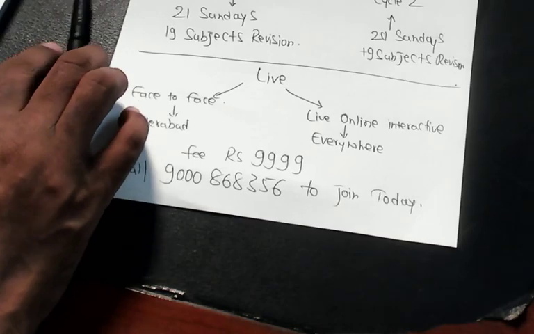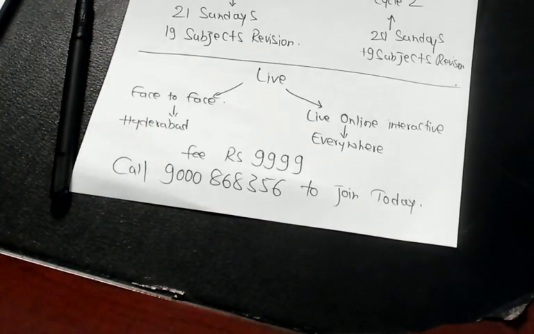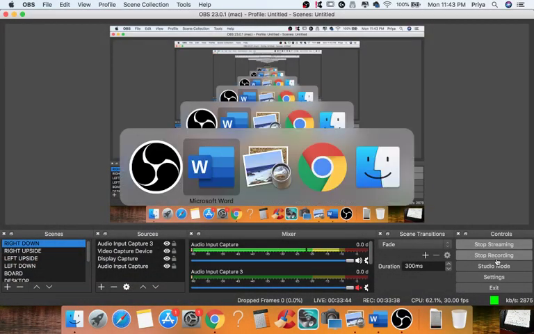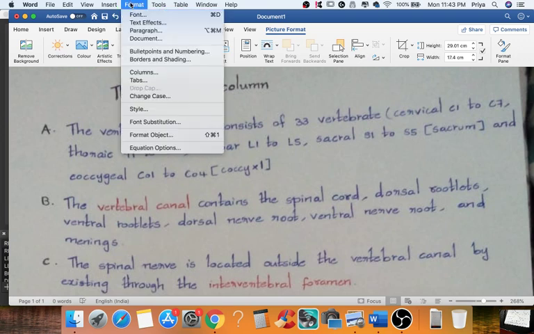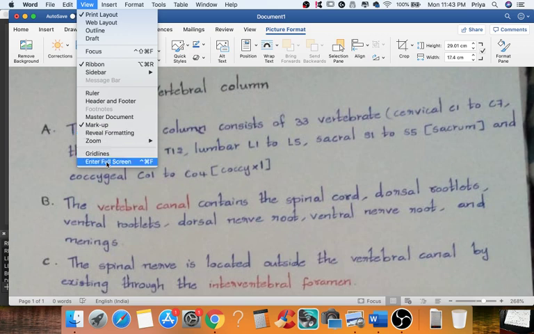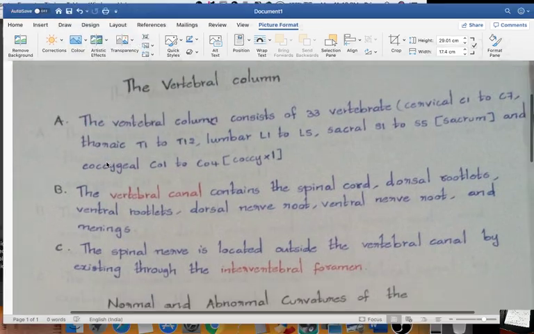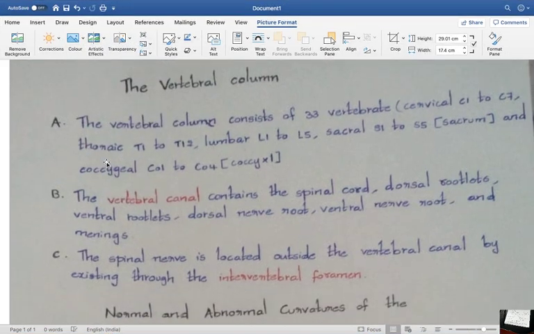Now doctor, let us quickly jump to the handwritten notes. That's what I'm going to give, a lot of handwritten notes. Let us quickly do a revision of 10 points.